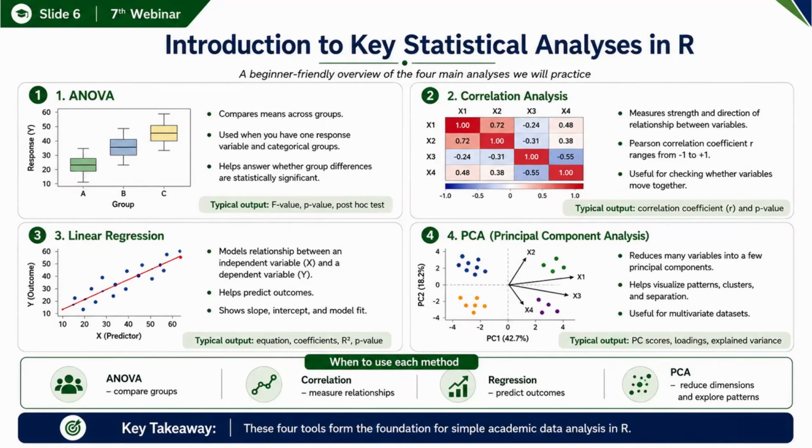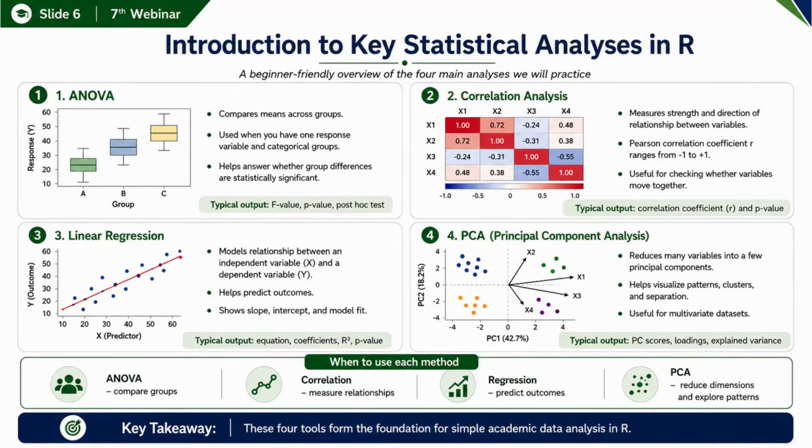So you need to check if there is any difference in the means of each treatment group. That is why you need ANOVA analysis, right? Then ANOVA analysis helps to answer whether group differences are statistically significant. Typical outputs are F values, P values, and post hoc tests.